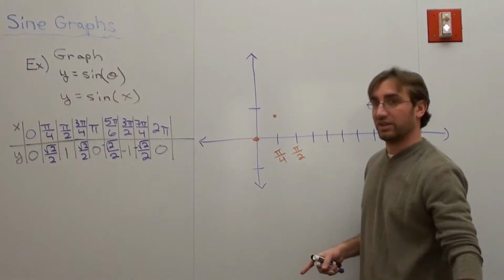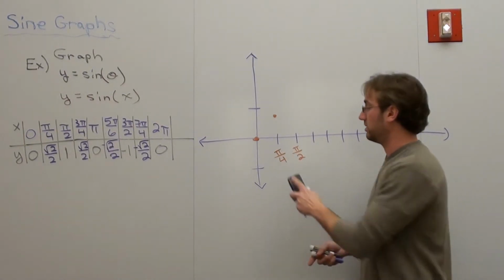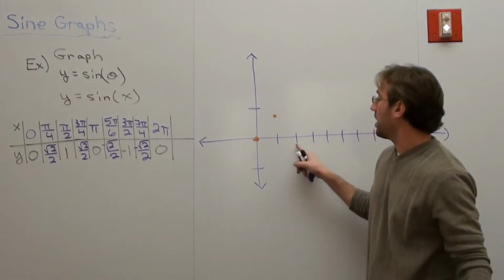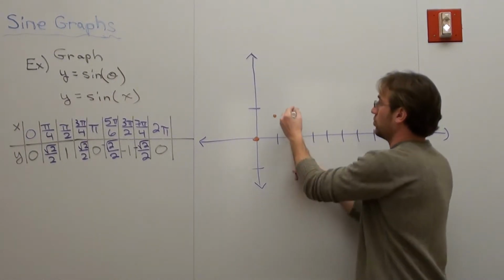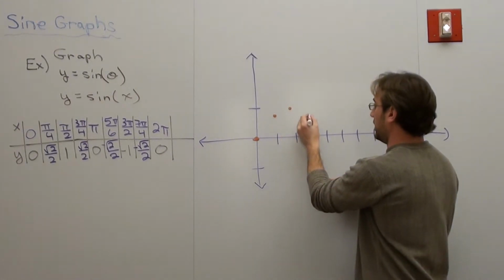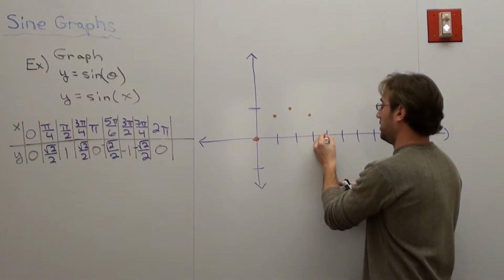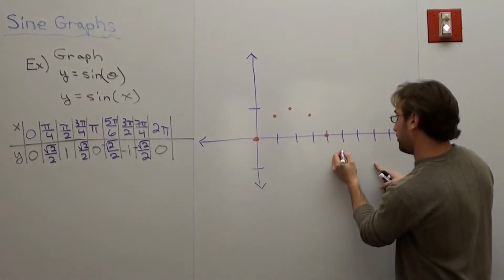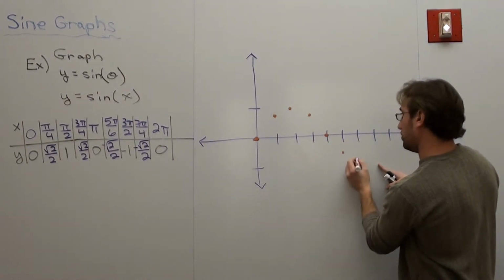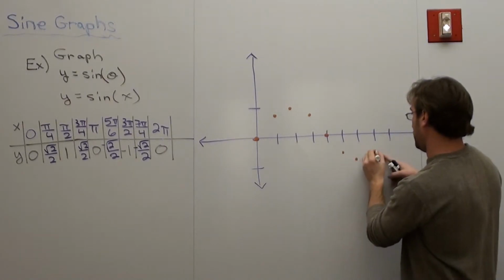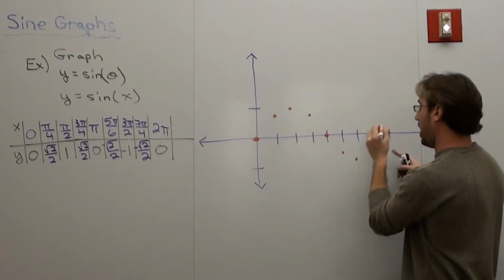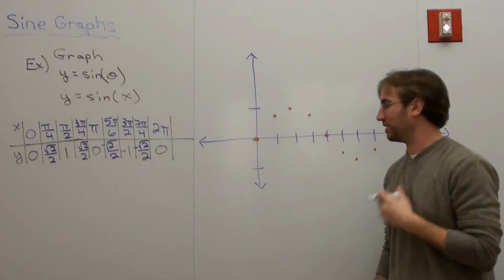I kind of want to erase that though, because I don't want it to get in my way for later. You'll see what I mean. Sine of pi over 2 is 1. I don't even need to look at that one. Fortunately, that's 0. That one is negative root 2 over 2, there, and that one should be there, and that one should be, hey! Excuse me.